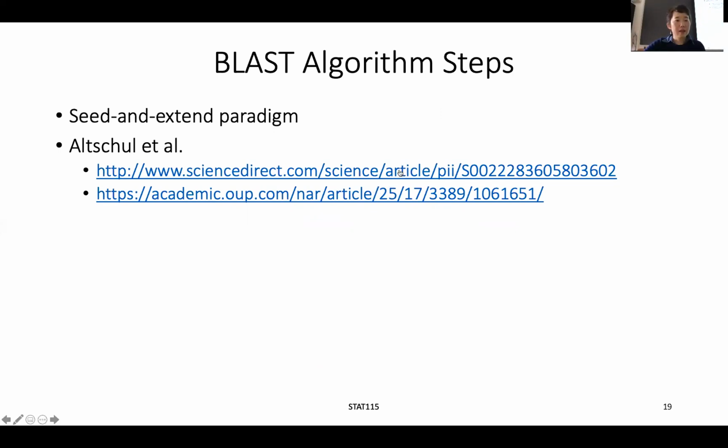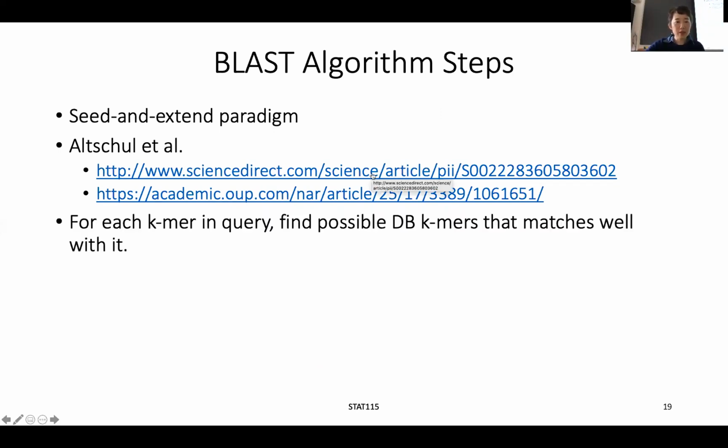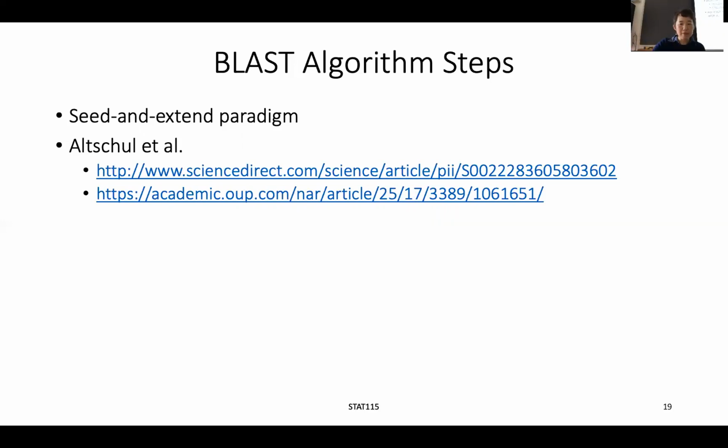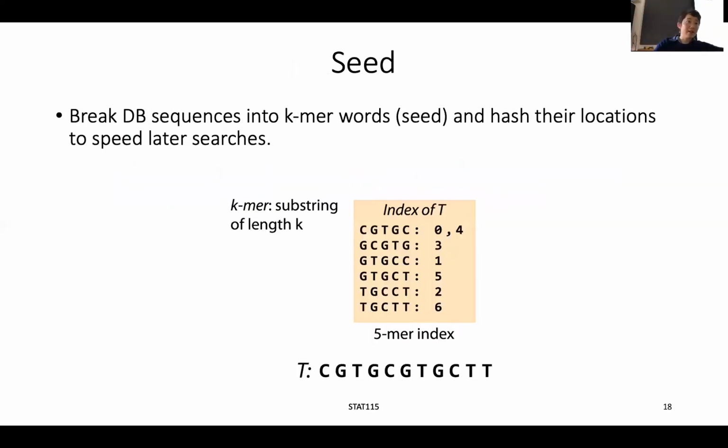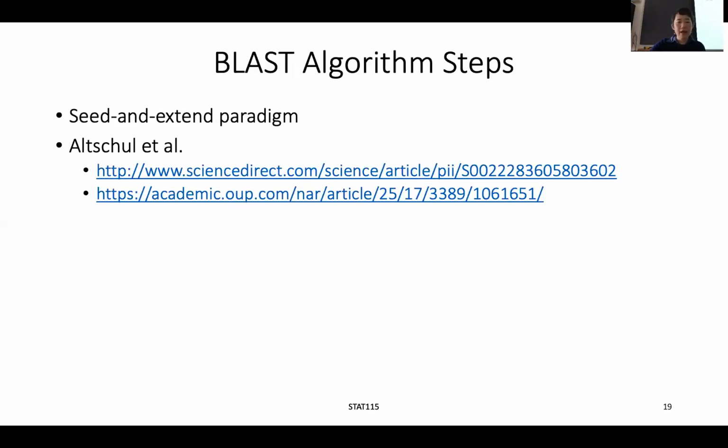And the idea was, if you have a new sequence coming in as the query, you also divide the query into k-mers. If your index previously is a 5-mer, well, in reality, it's more like a 20-mer or something. And if your query sequence comes in, you also break it up into k-mers. And then for each k-mer, you look up this table, and very quickly you find the match.